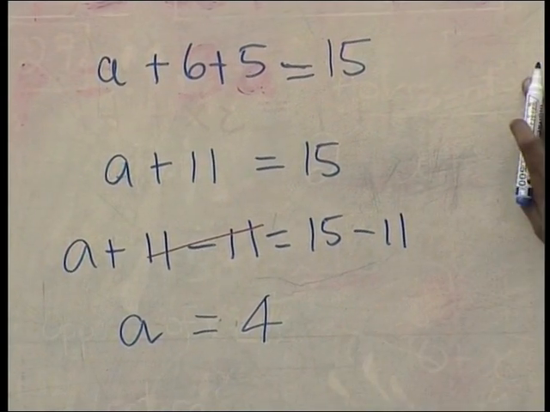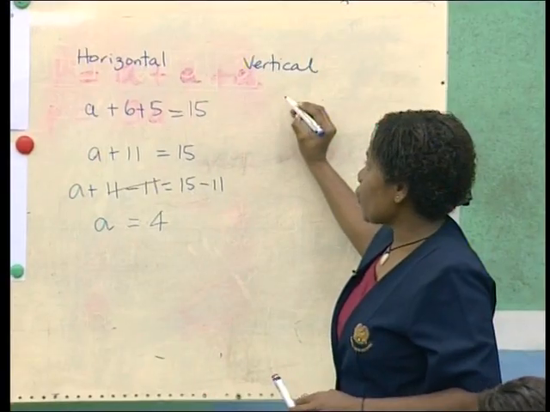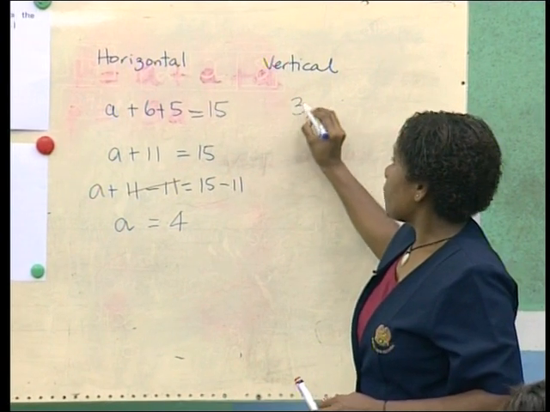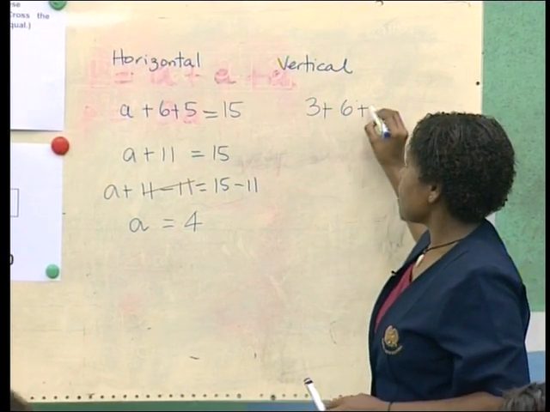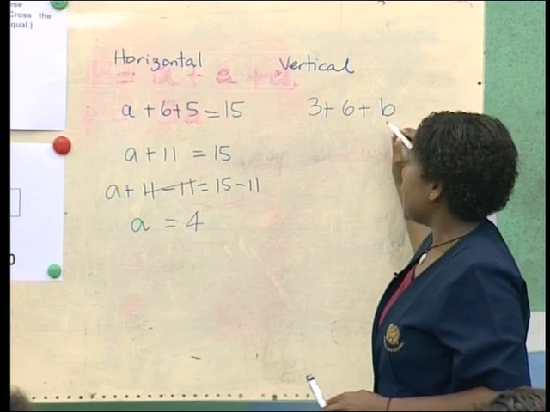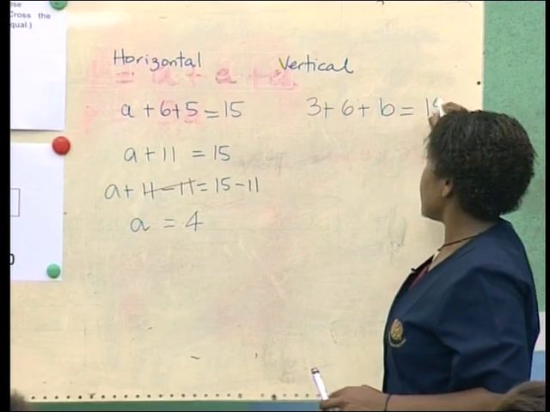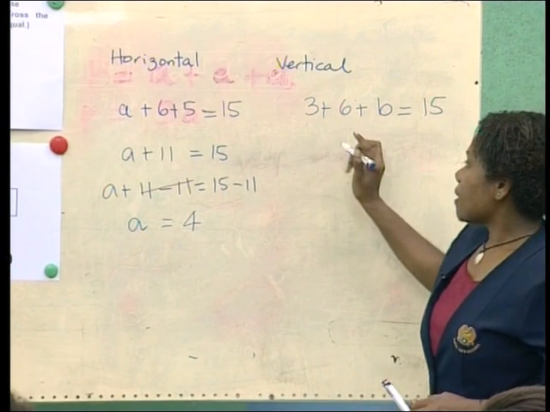B, what's the expression? 3 plus 6 plus B equals 15. That's the line total. So, 3 plus 6 is 9.